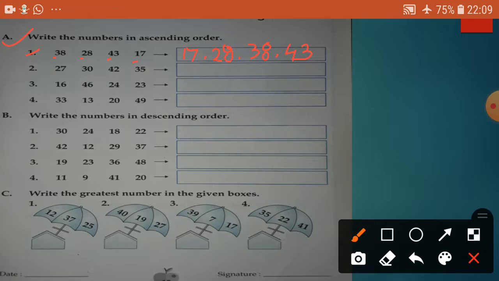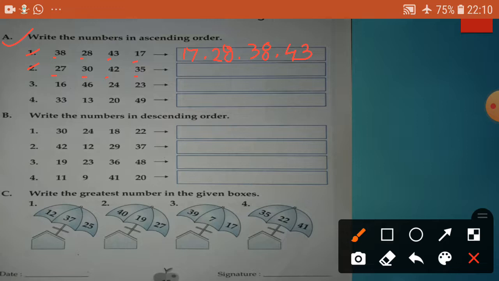Okay. Next, number 2. 27, 30, 42, 35. See here, ones and tens are different. Okay. So first see here, tens: 2 tens, 3 tens, 4 tens, 3 tens. So first, 1 ten is not here, so 2 tens, 27 is here.